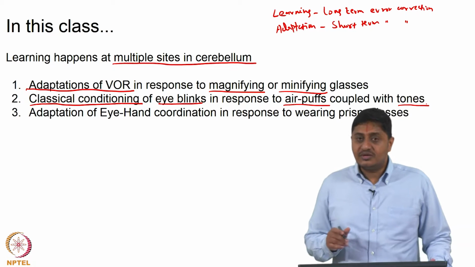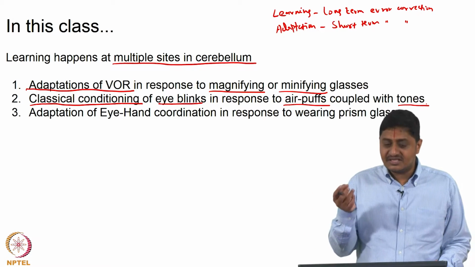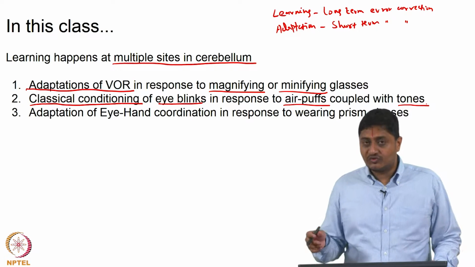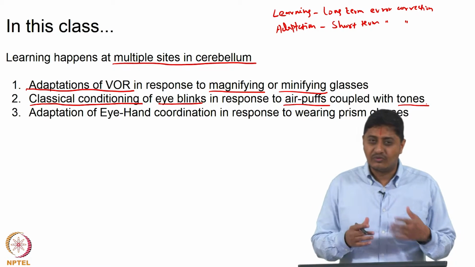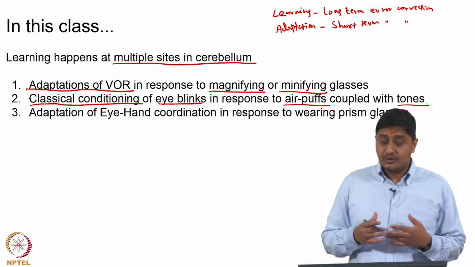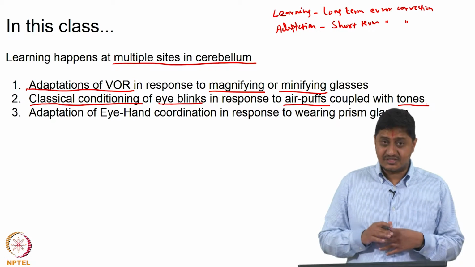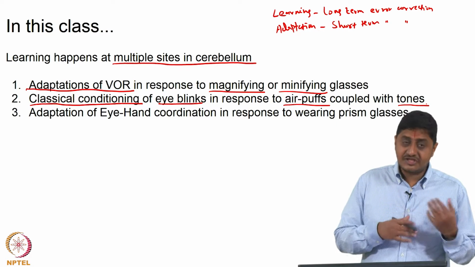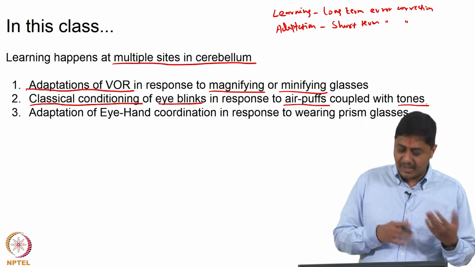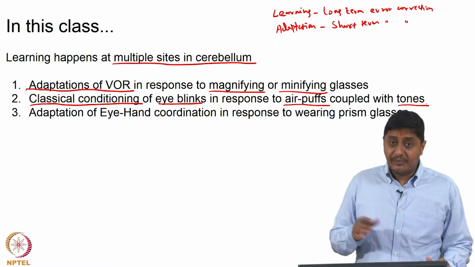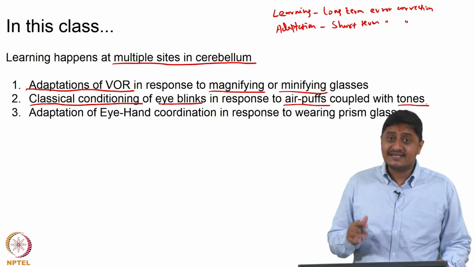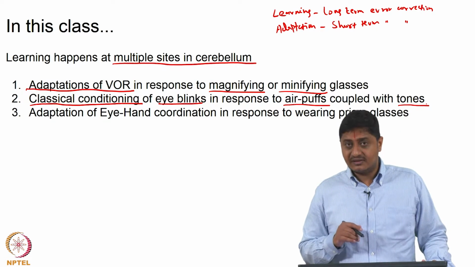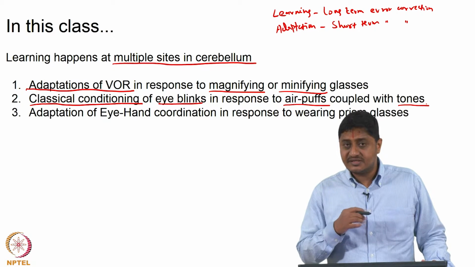Also what has been shown is that the characteristic of the air puff perturbation can be encoded by the tone. When we say tone, I mean an auditory tone. So, tones with different frequencies or tones of different durations may encode different parameters of the air puff. Depending on that, the eye blink response is customized. It is crucial to note that not all the eye blinks are the same.